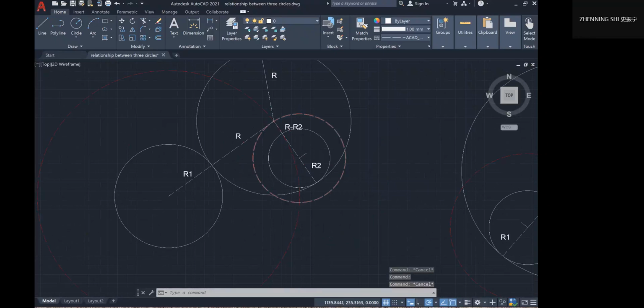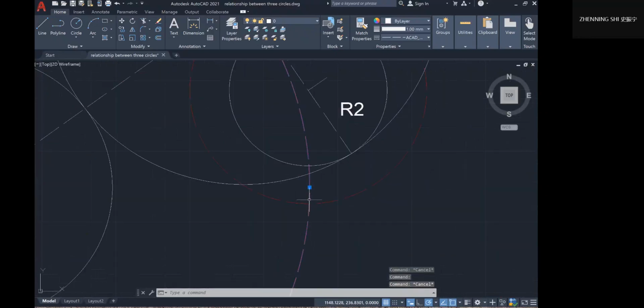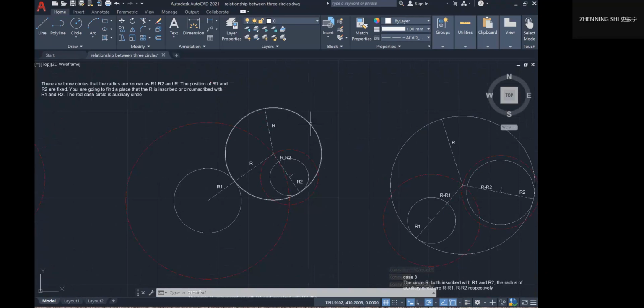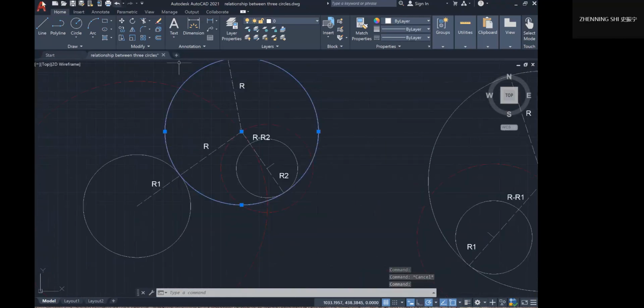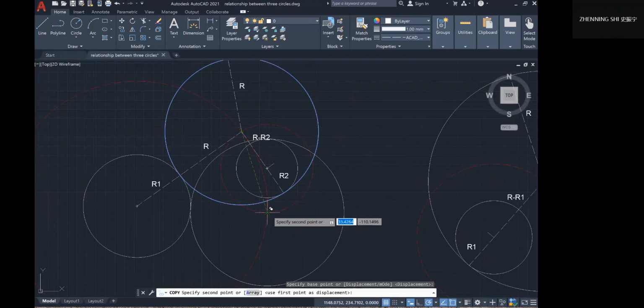also, you can see another cross point here. This one, this cross point. Okay, I will try to copy it, and you can see, I have to put it here.